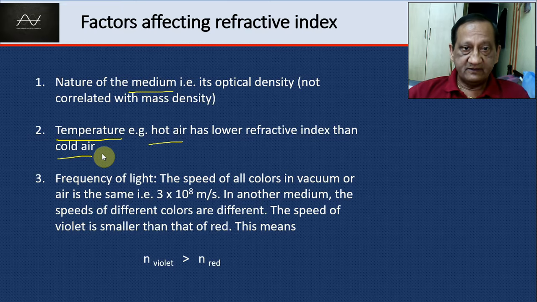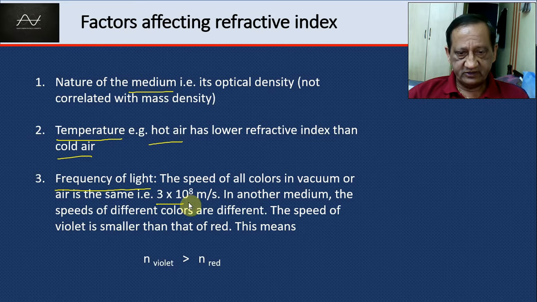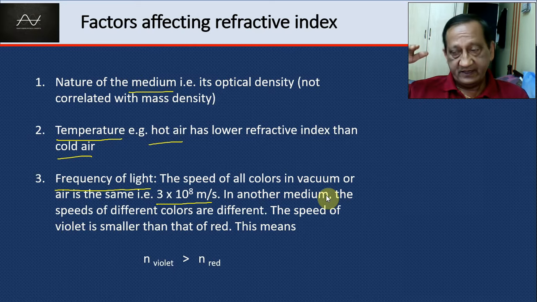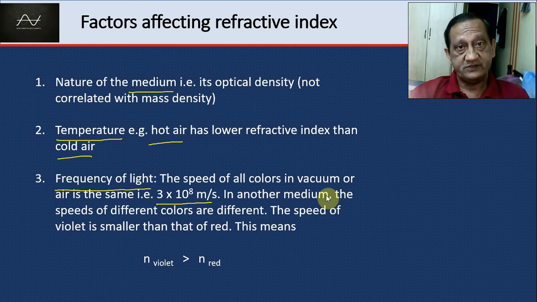Then the refractive index also depends on the color of light, which is the frequency of light. You see, the speed of all colors in vacuum is the same, 3 into 10 to the power 8 meters per second. If a ray of light having all the colors enters from vacuum into a certain medium, all the colors will reduce in speed. But the reduction is different.